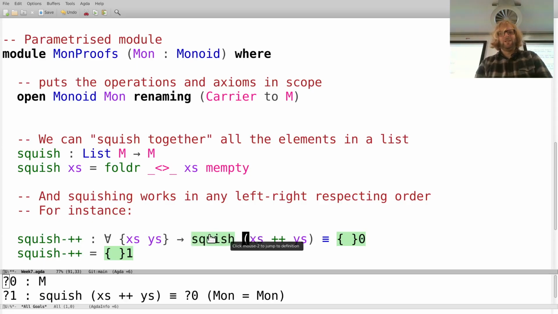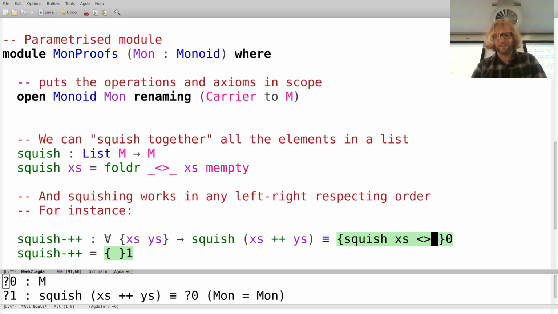So if we are squishing x's and then y's, you'd hope that this would be the same thing as squishing x's and squishing y's and then combining them in the middle, right? So something like squish x's and then append squish y's.